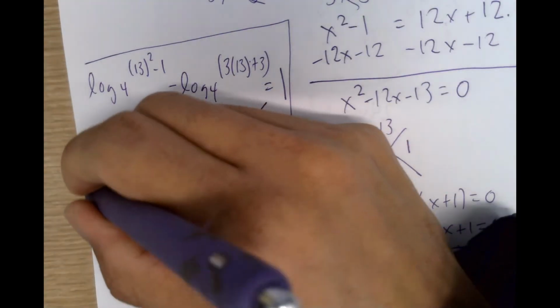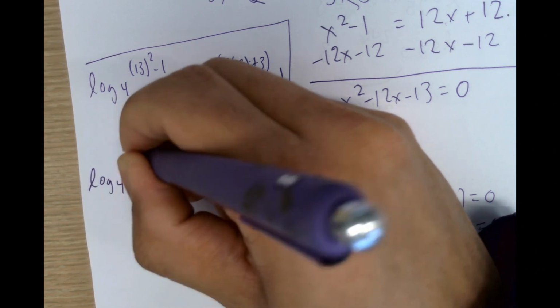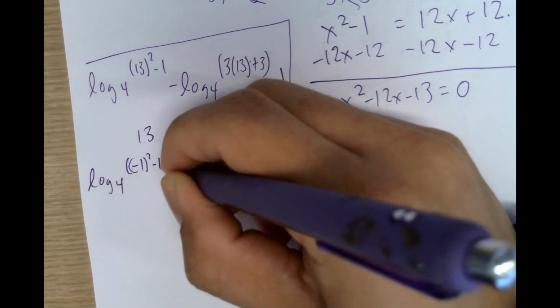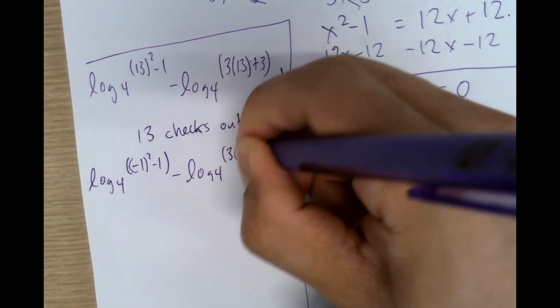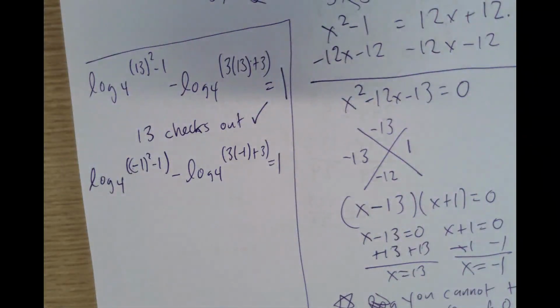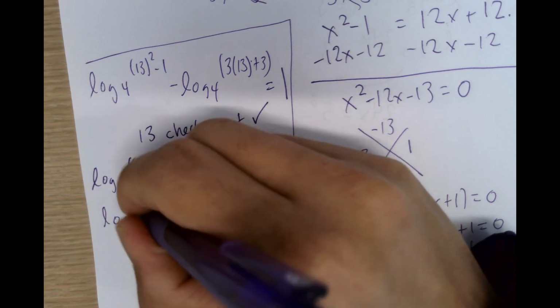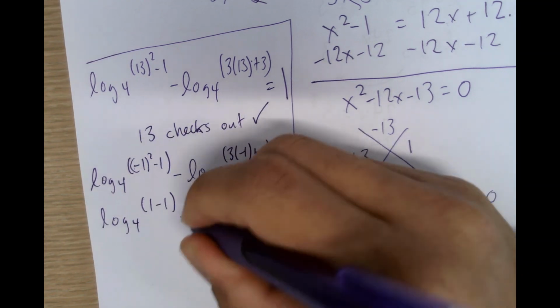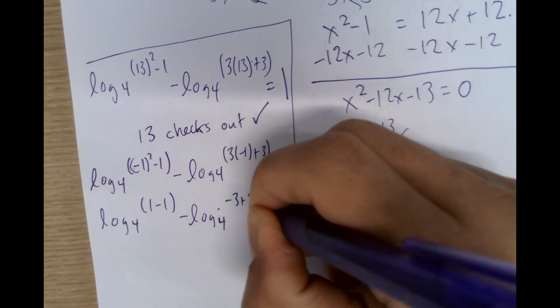However, when I take the log 4 of, let's see, negative 1 squared minus 1 minus log 4 of 3 times negative 1 plus 3, you can see here, oh, okay, looks like some things are going to cancel out. Let me just do it one more step further. 1 minus 1 minus log 4 of negative 3 plus 3 equals 1.